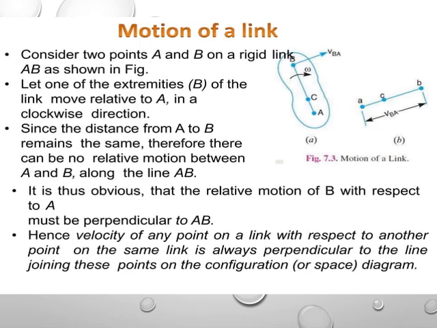Since the distance from A to B remains the same, there is no relative motion between A and B. Obviously, the relative motion with respect to A is perpendicular to AB. The velocity of a point relative to another point of the same link is perpendicular in the space diagram.